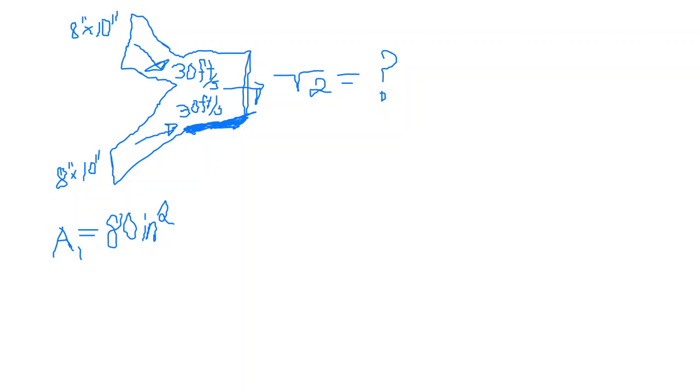A1 is 80 square inches, okay? And B1 is 30 feet per second. All right, so we need to convert that to feet.